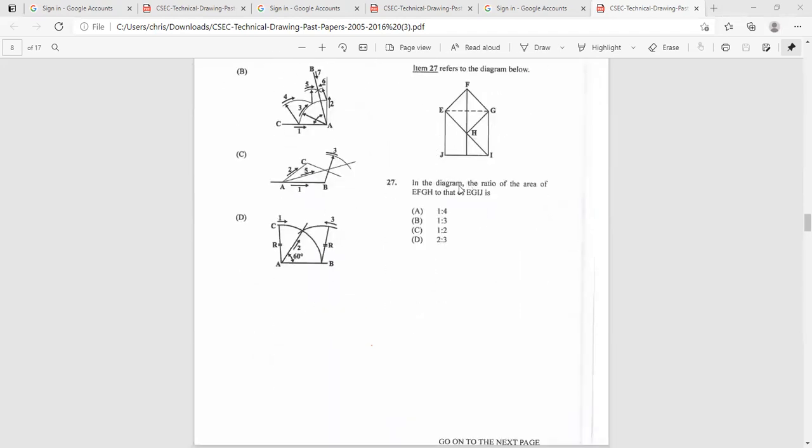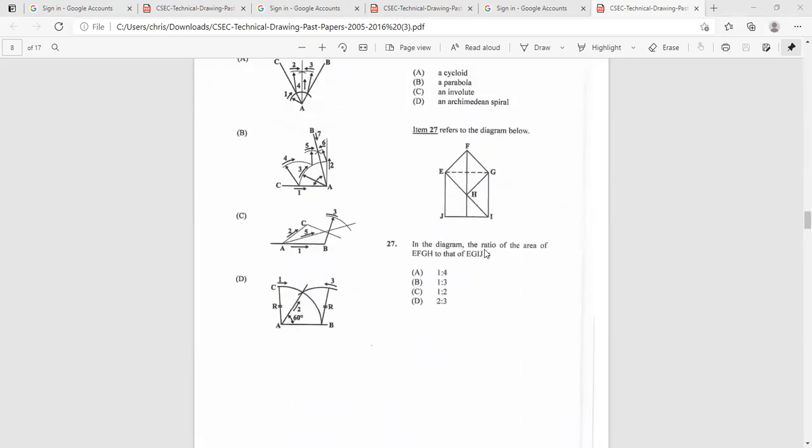In the diagram, the ratio of the area of E, F, G, and H to that of E, G, I, and J is the ratio here. All right, so what is this? Is this half? Is this 3/4? Is this 1-to-1? What is it?